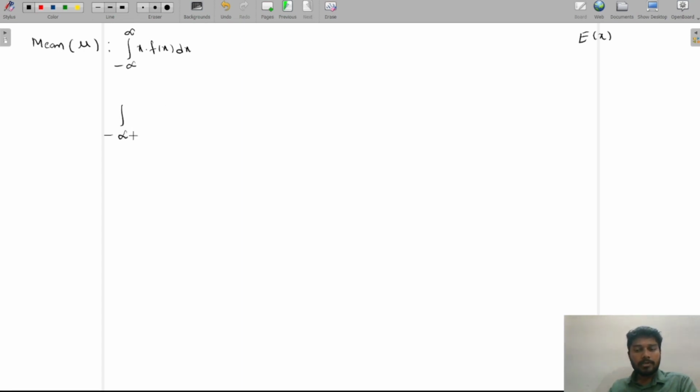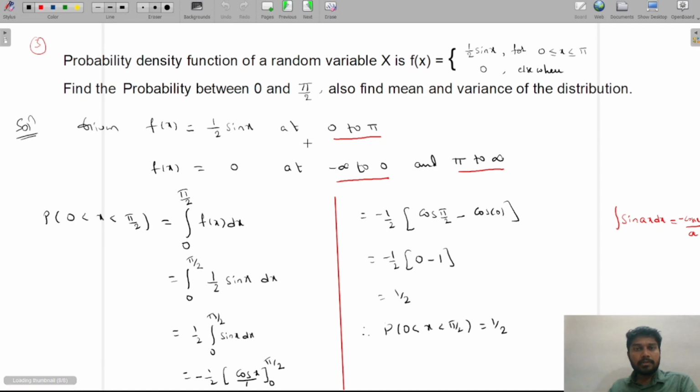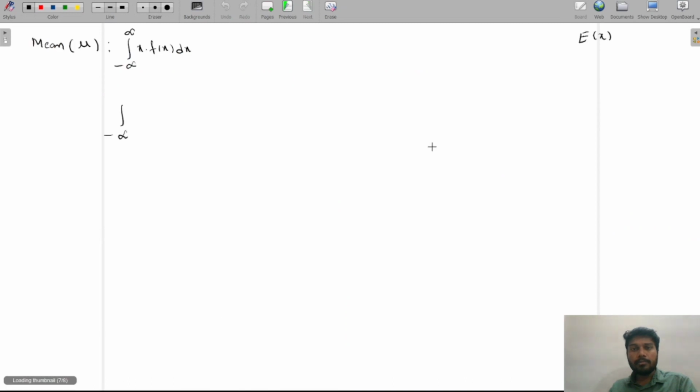The function f of x is given on minus infinity to 0, 0 to pi, and pi to infinity. So I'm writing my mean formula as integration from minus infinity to 0, plus integration from 0 to pi, plus integration from pi to infinity.